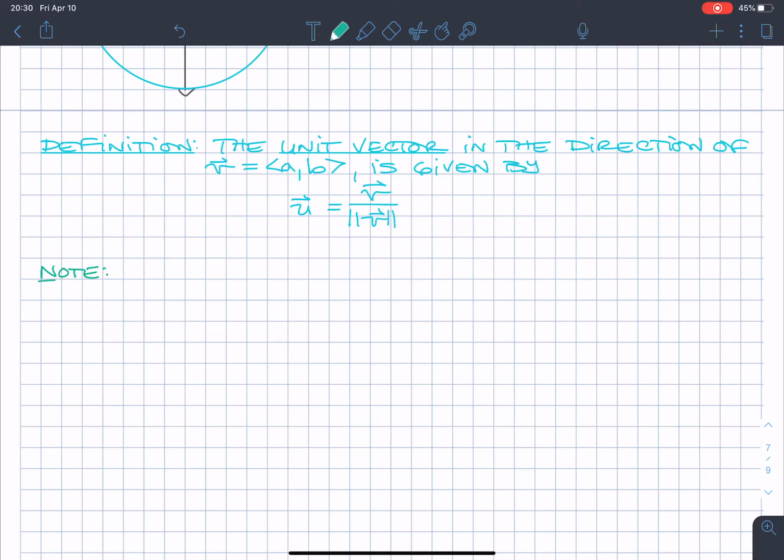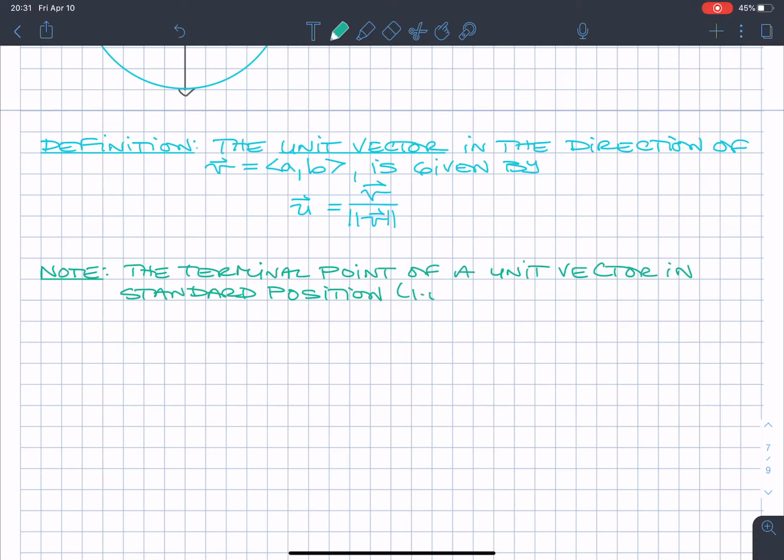Okay, so let's note the terminal point of a unit vector is on the unit circle. So note the terminal point of a unit vector in standard position, that is, with initial point at the origin, lies on the unit circle.